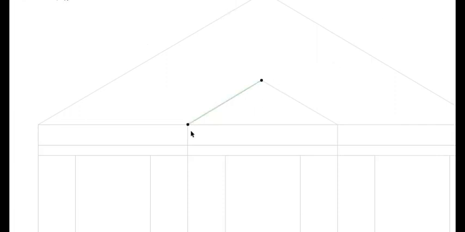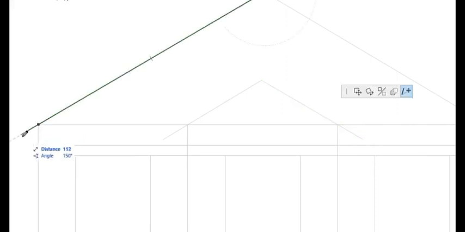So what we are going to do now is extend this line because we need the eave. Just extend that down, but maintaining the angle, 30 degrees. And extend them there like that.